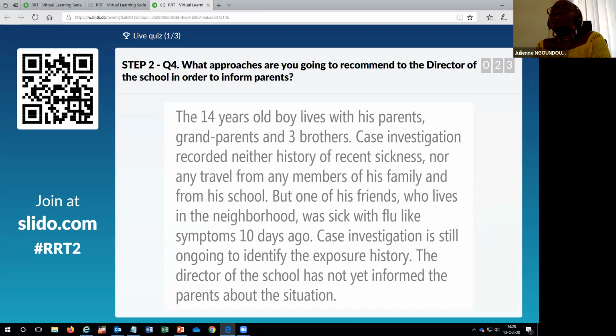Case investigation recorded neither history of recent sickness nor any travel from any members of his family and from his school. But one of his friends who lives in the neighborhood was sick with flu-like symptoms 10 days ago. Case investigation is still ongoing to identify the exposure history. The director of the school has not yet informed the parents about the situation.